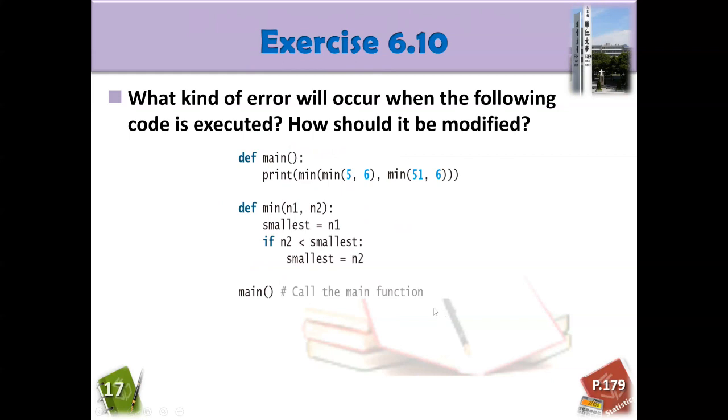Okay, so next exercise in your textbook, page 179, exercise 6.10. What kind of error will occur when the following code is executed? How should it be modified? So this is also two functions here. The first is main and print. Oh, this is min, and inside min there is another min.